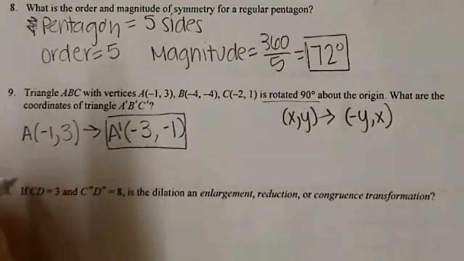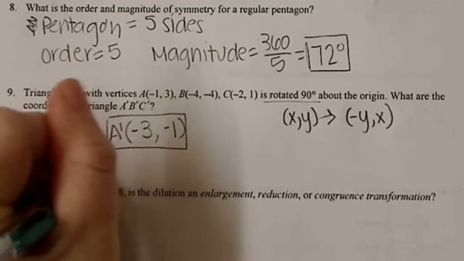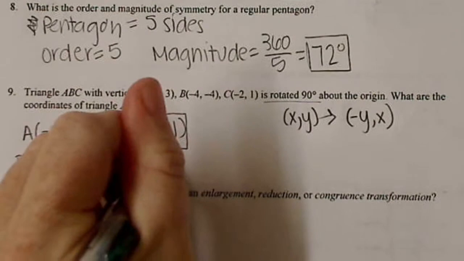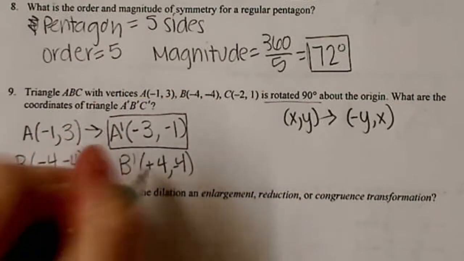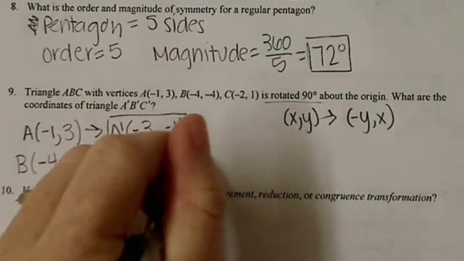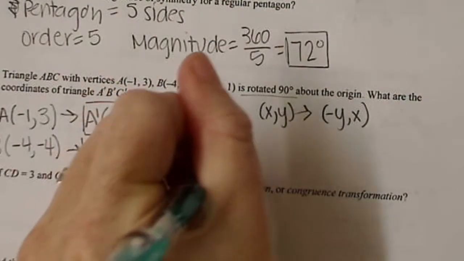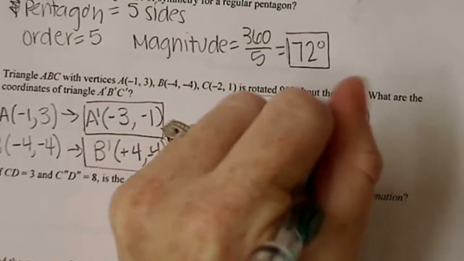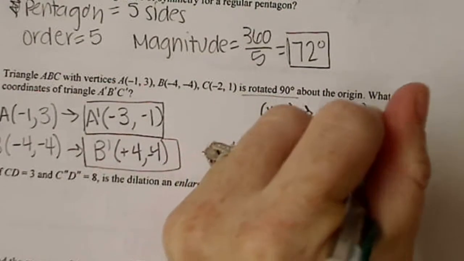Let's look at B. Point B is negative 4, negative 4. They switch and y becomes negative. So B prime is at 4, 4. And C, negative 2, 1. Switch directions, negative 1, negative 2.